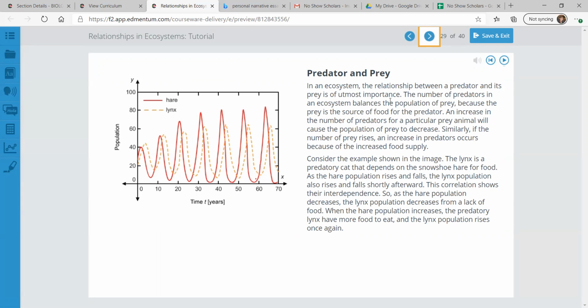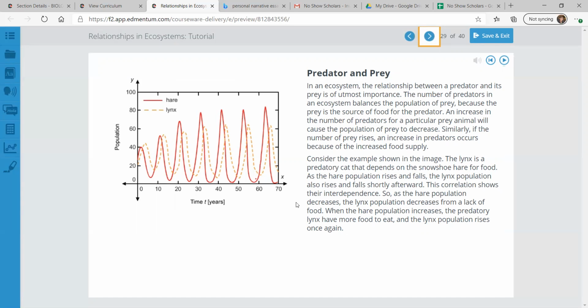And similarly, if the number of prey rises, an increase in predators occurs because of the increased food supply. And that's what we see here. The hare is the food supply for the lynx. And the more hares there are, the more lynx there can be.